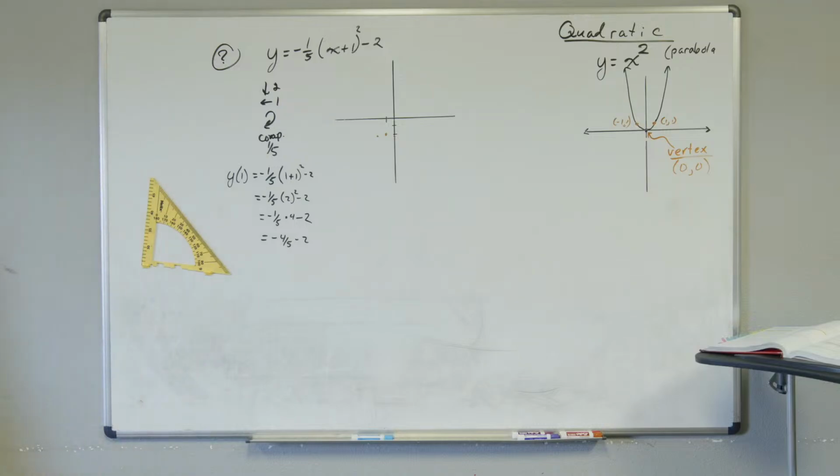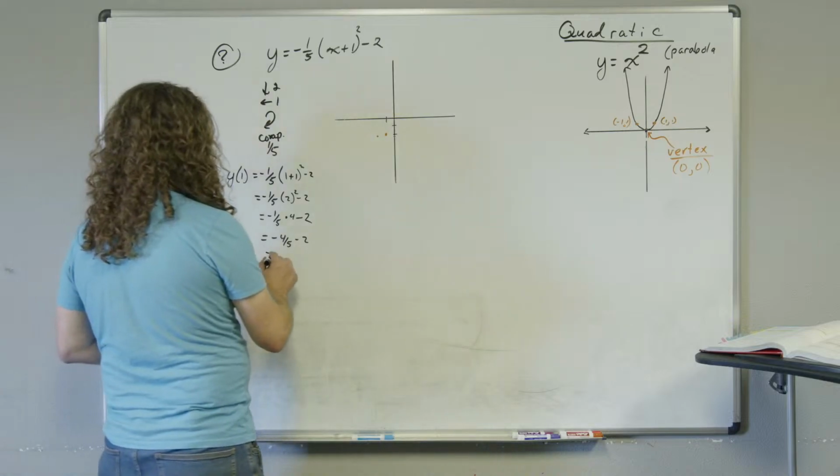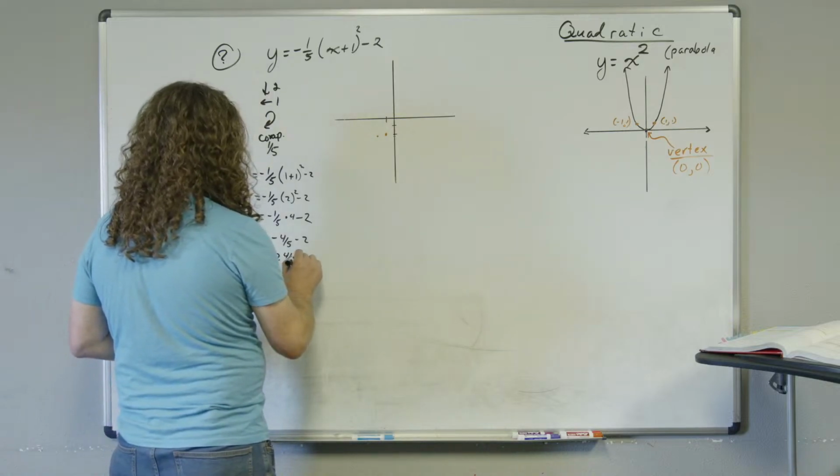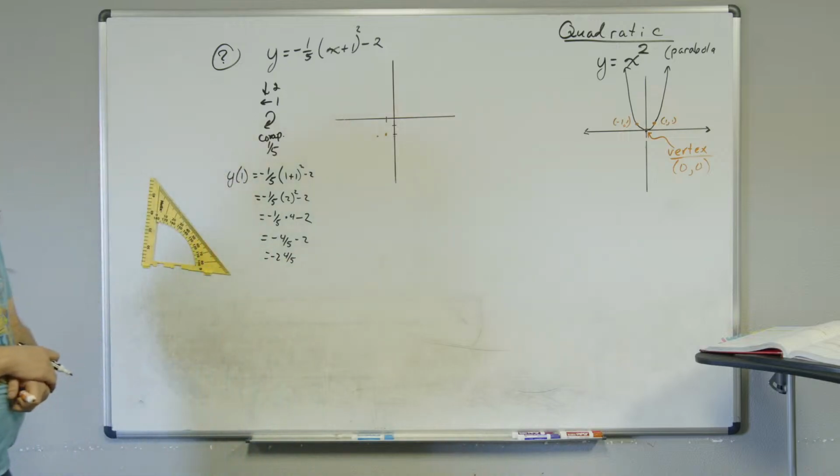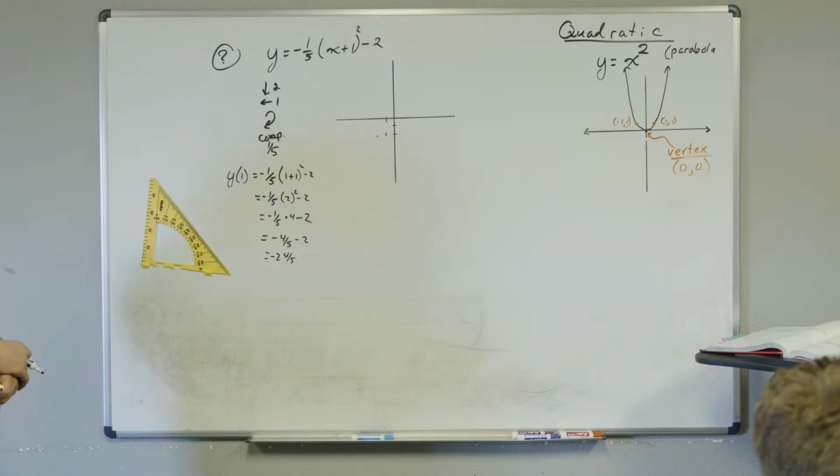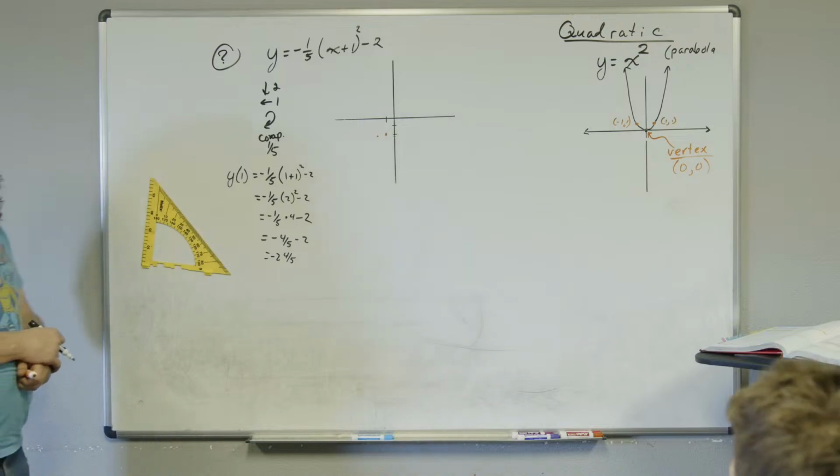It is -2 4/5. No, that's right. Wouldn't it be positive? No, because the signs are the same, so you add and keep the sign.